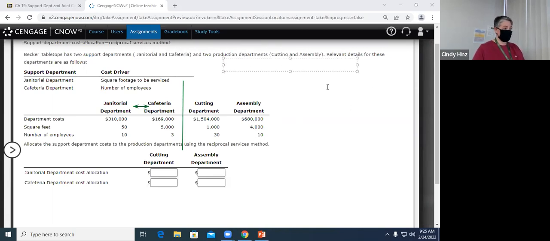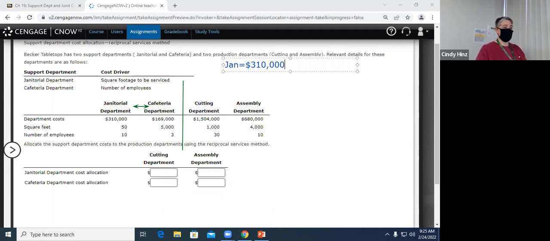So we'll start out, and I'm just going to use J for janitorial and C for cafeteria, just to make sure my equations don't get too long. Maybe I'll do this, Jan and Caf. How's that? So the janitorial department cost is, and I just said this in words, but now I'm going to put what I just said into a mathematical equation.